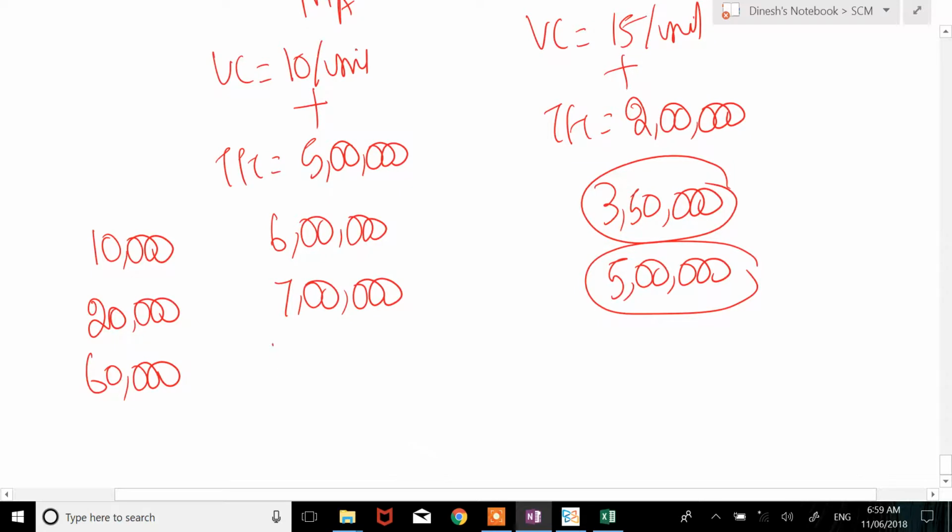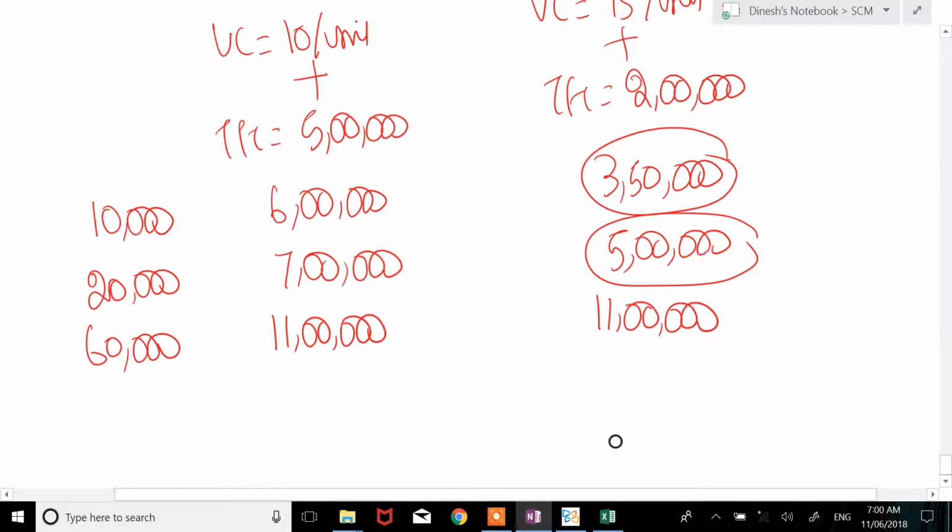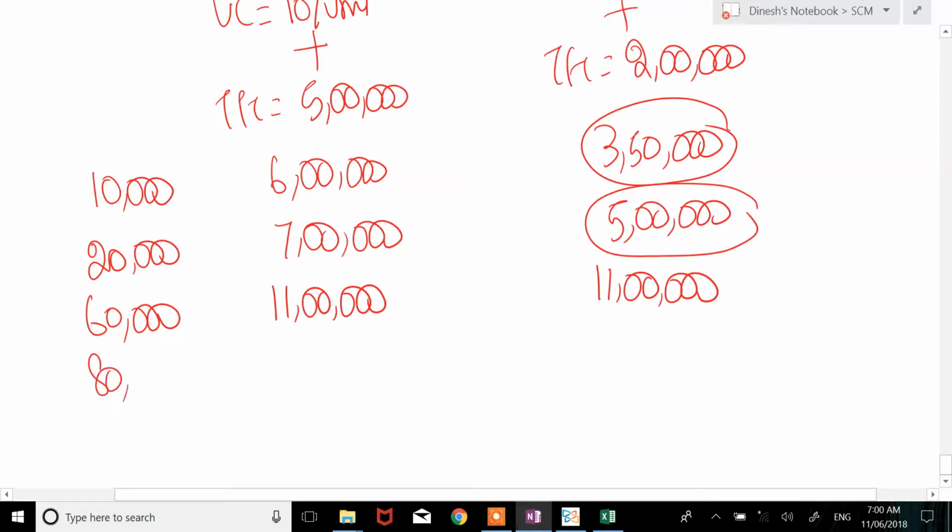How much? 11 lakhs. 11 lakhs. Technically called the indifference point because both are giving you the same cost. 80,000 units. 13 lakhs. 15 or 14? Okay, 14 lakhs.